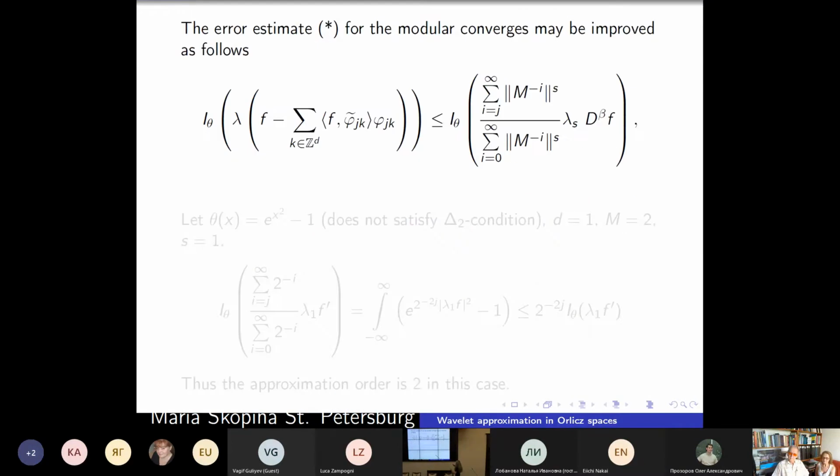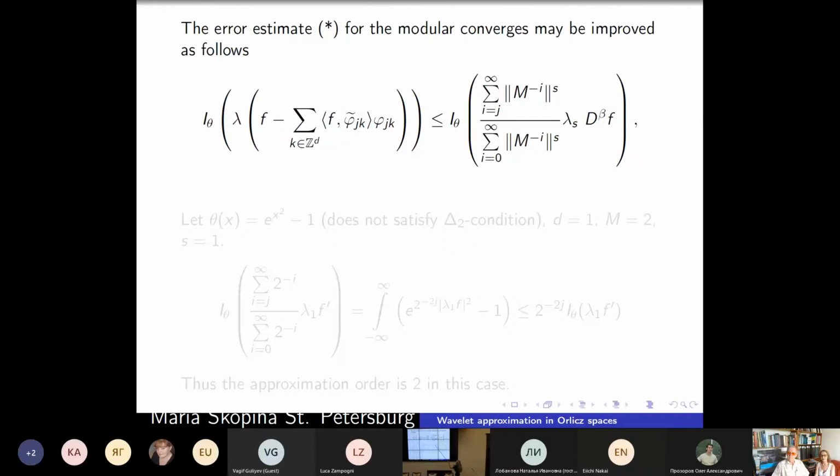But of course, for some other functions, this is really not good. How to improve? We can write in this form. What is this? In the one-dimensional case, it is actually M to the power minus s. Anyway, this tends to 0.